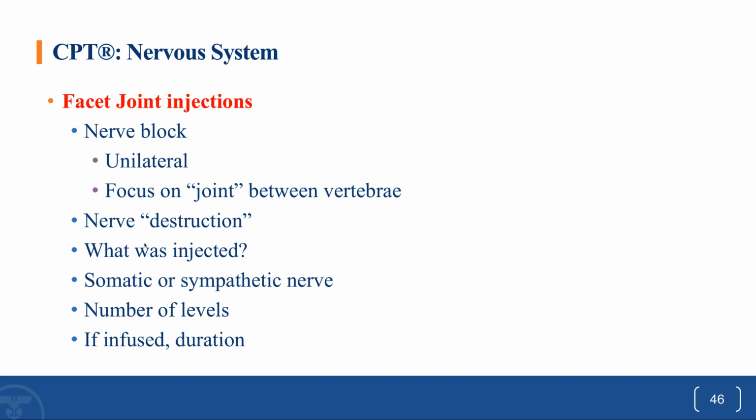You need to write it in your book: if it says bilateral, I need to use modifier 50. And it gives you the steps here too. Do you see those steps? Is it the somatic or sympathetic nerve, the number of levels? And if it's an infusion, which you won't cover until we get to medicine, how long is it for? What the length of time would be.